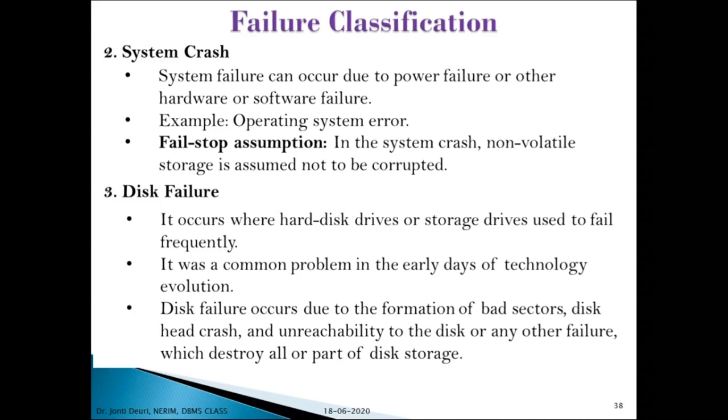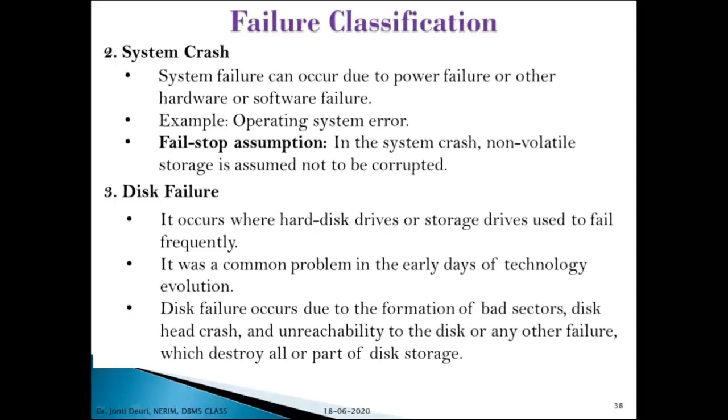Previously it was like 100 GB, 160 GB, or 500 GB. But nowadays it is more than 1 TB, right? So there is now little chance of a hard disk drive failing, right?